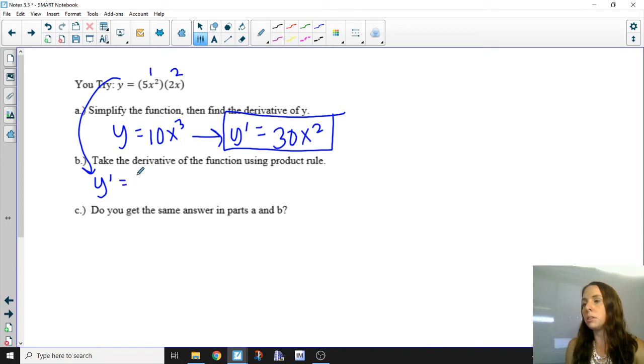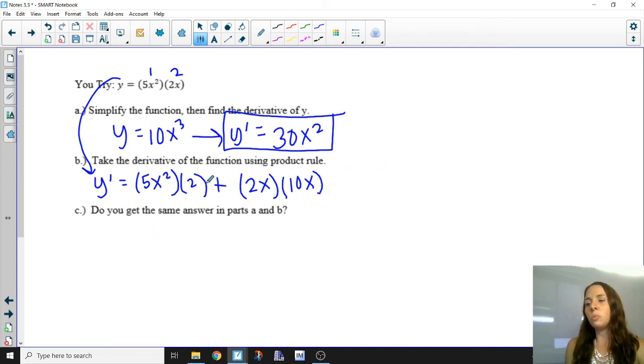Y prime is 1 d2, the derivative of 2x is just 2, plus 2 d1, the derivative of 5x squared is 10x. Now, in part C, did we get the same answer here that we got here?